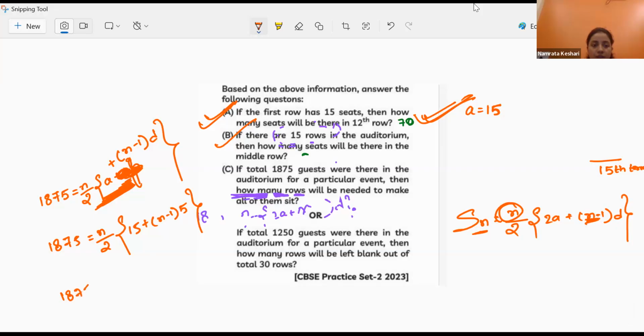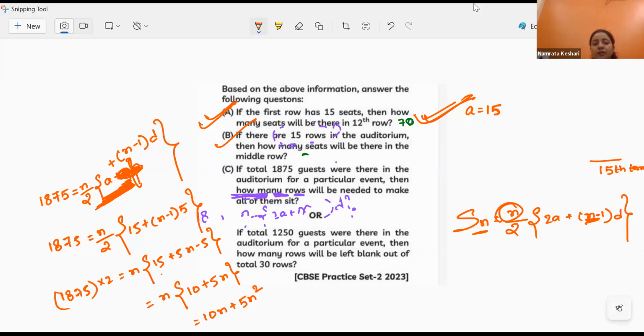Still I'm thinking that if we multiply this with 2, then we are going to get n out: 15 plus 5n minus 5, right? And out of 15 minus 5 is 10 plus 5n. Any confusion so far? No, ma'am.